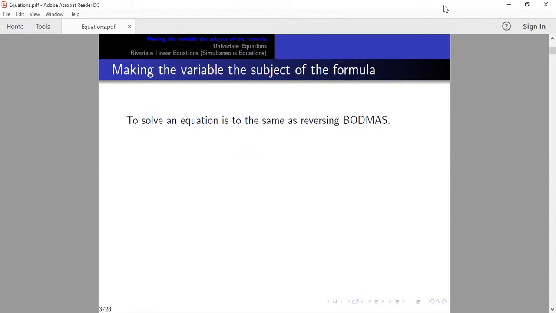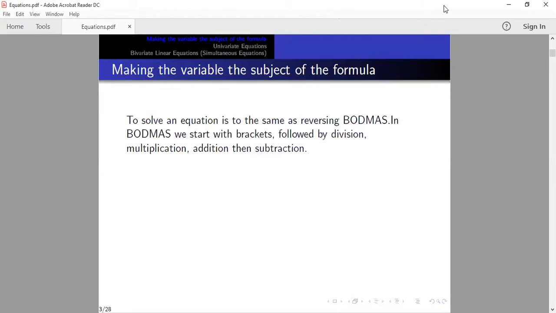Now, remember BODMAS, we were told in our junior secondary school that BODMAS stands for brackets, of, division, multiplication, addition, and subtraction, which basically means that when you work with BODMAS, you start with brackets. You follow with division.